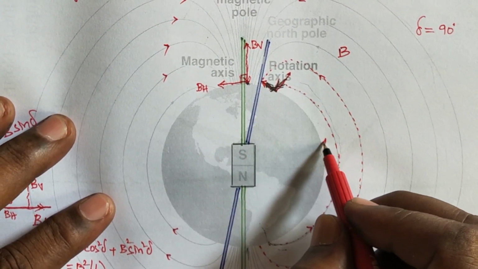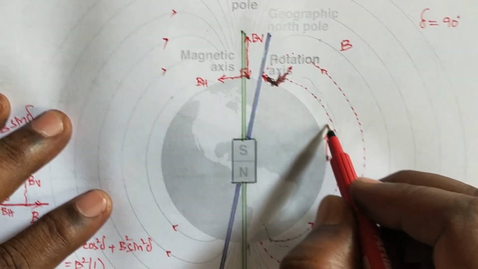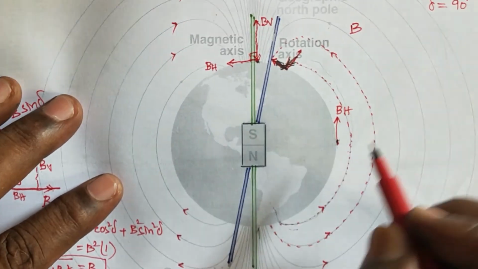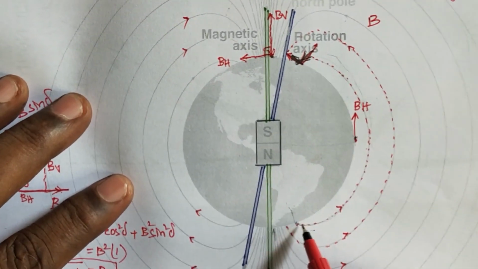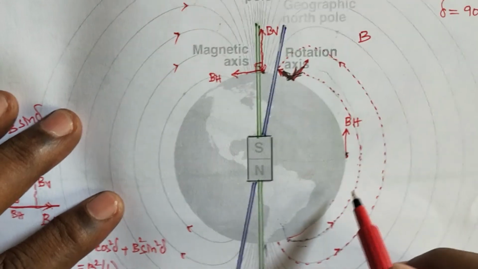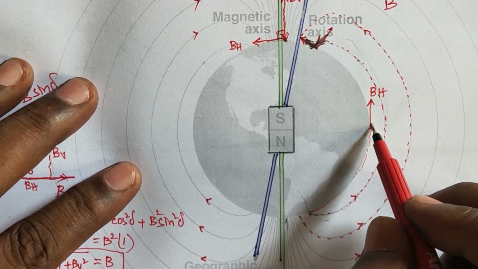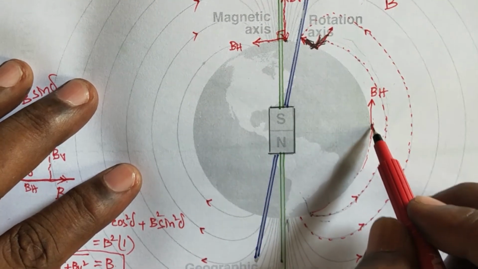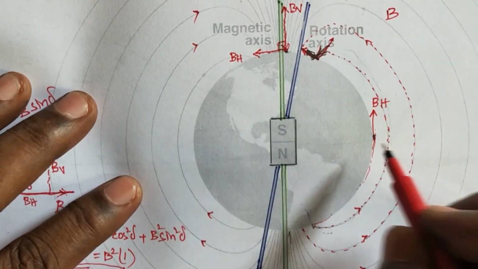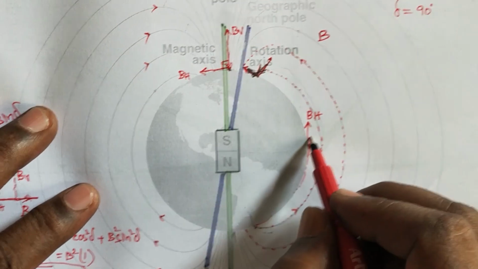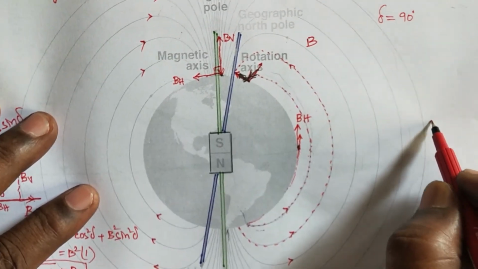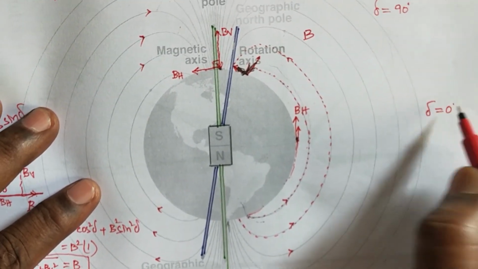So this is the direction of the Earth's horizontal component. If a magnetic field line is drawn passing through the surface of the Earth, the angle made by the magnetic field line with the Earth's horizontal is 0, since these two are parallel to each other. Here the dip angle is 0 degrees.